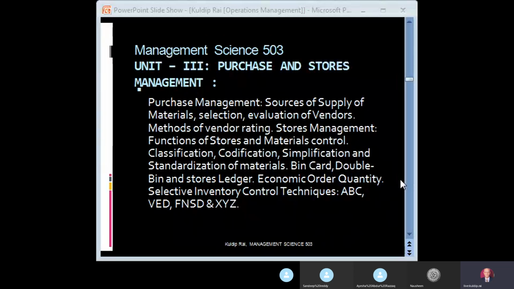This is all a very routine, very general activity in every organization, and it is all done using software. So information technology is the backbone for purchase management.